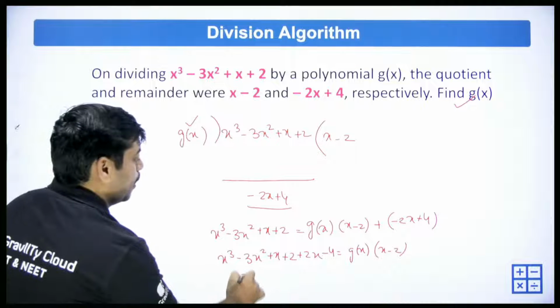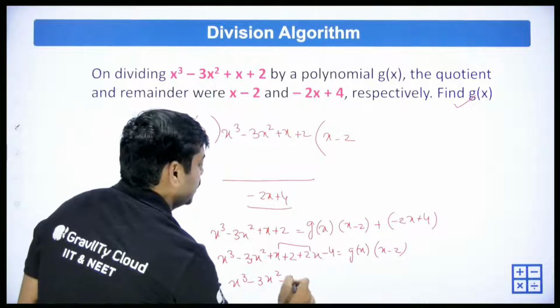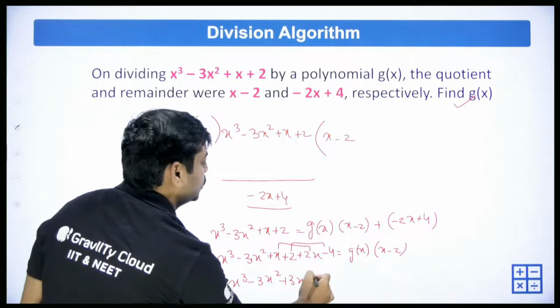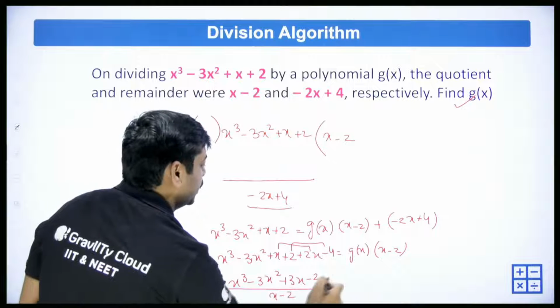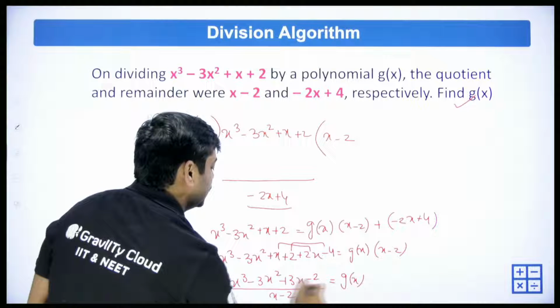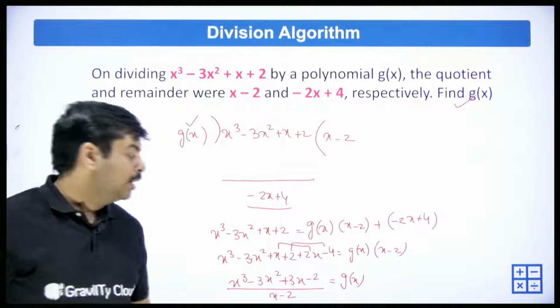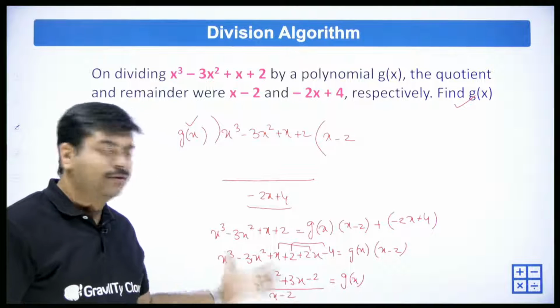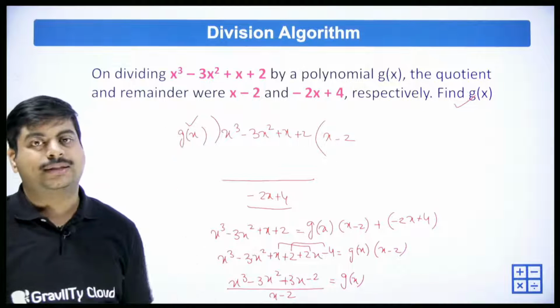X cube minus 3x square plus x plus 2x is plus 3x, plus 2 minus 4 is minus 2, divided by x minus 2 will give you g of x. I am not going to do that. You try to substitute and find the division of this and you can get the answer. That will be the value of g of x, right?